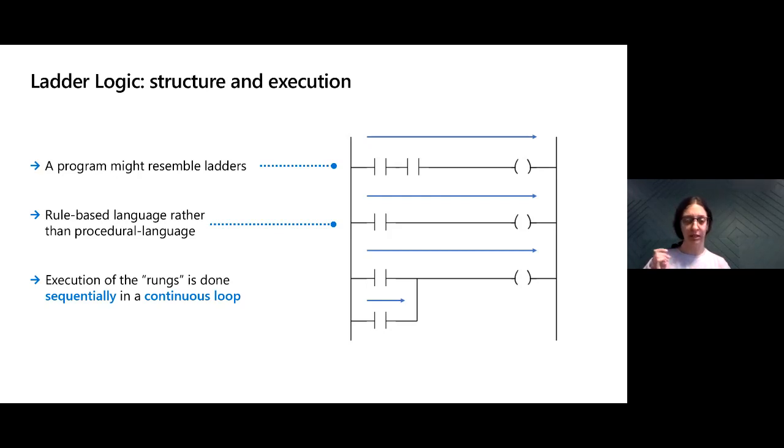Of course, this depends on the clock frequency of the processor and the program itself. As a final note, the program is executed left to right, top to bottom, and the scan begins at the top left rung, where at the end of the rung, it interprets the output and continues to do so for every rung.